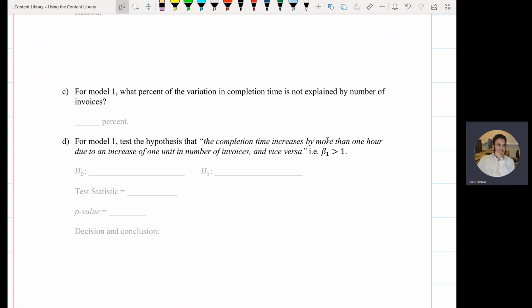Don't write the formula. Just write the final value of your T statistic. Then write the p-value. Here you are forced to use the p-value approach. If you use the critical value approach, you will lose the point for this p-value. You will get the points for the T statistic. You will get the points for the decision and conclusion, but you will lose the points for the p-value. So here you are forced to use the p-value approach.